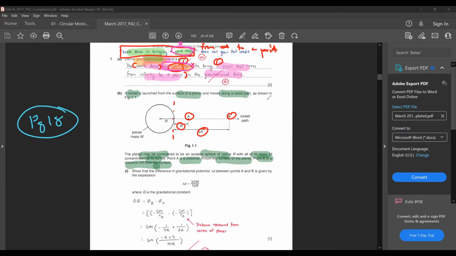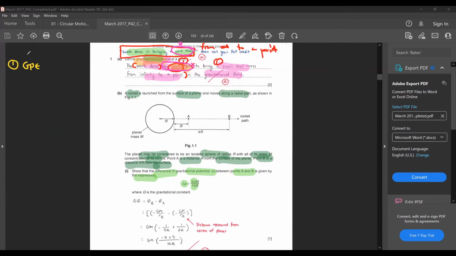Now, show that the difference in the gravitational potential, delta phi, between points A and B is given by this expression, where delta phi is 3GM over 10r. What you learned from last week was that there are actually two different equations, gravitational potential energy and gravitational potential. The first one that we learned was GPE, denoted by symbol U. It is negative GMm over r.